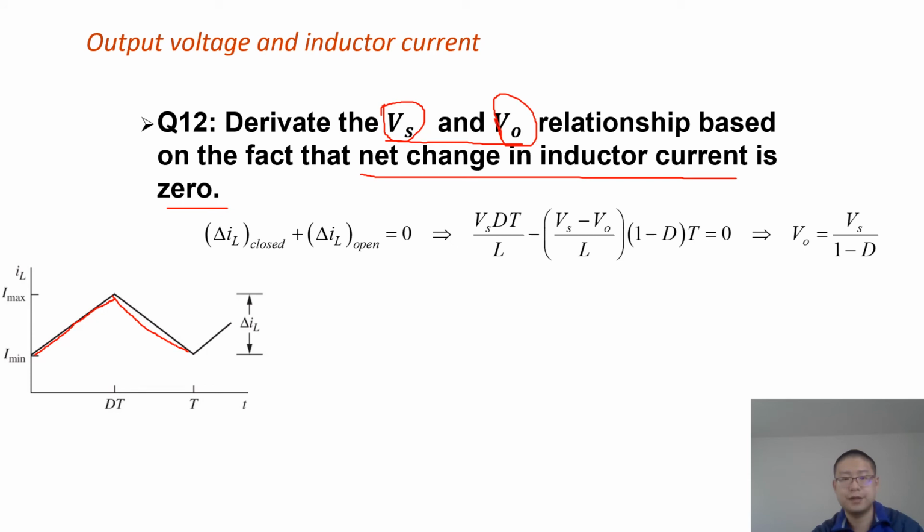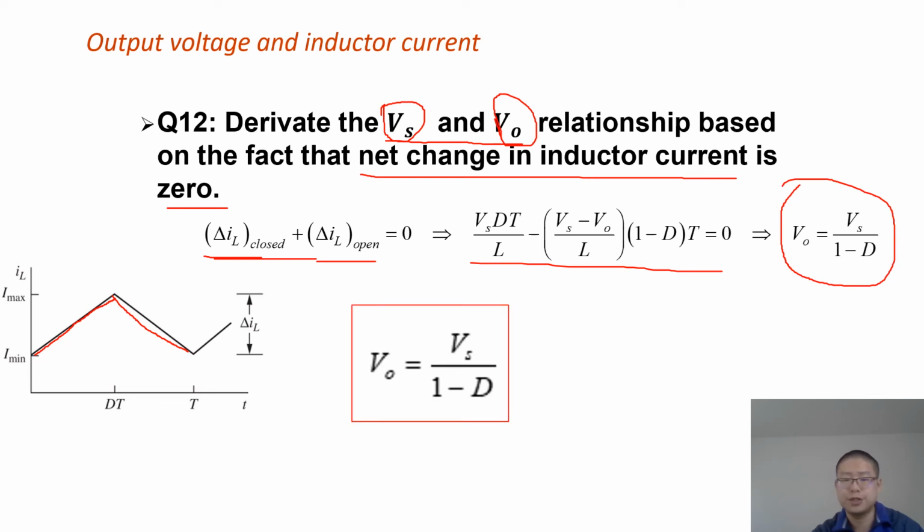Okay, let's take a look. Use the fact that delta IL closed plus delta IL open equals 0. We plug in their expressions and simplify the equation. We can obtain the relationship between the input voltage and output voltage.